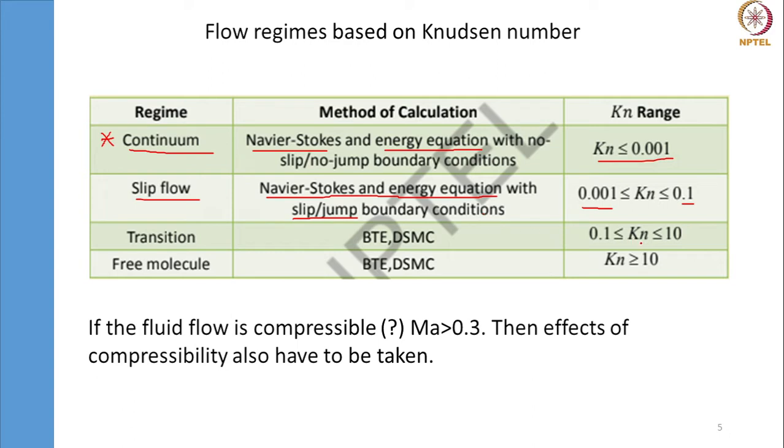In the case of the flow regime where the Knudsen number ranges from 0.1 to 10, we are no longer free to apply the Navier-Stokes equation and energy equation directly. There are certain other equations, called the Boltzmann equations, which we need to apply for transition and free molecular flow also. Free molecular flow occurs when the Knudsen number is more than 10.